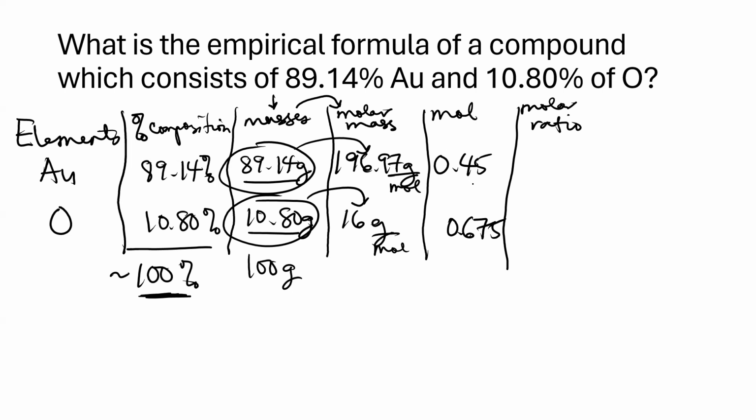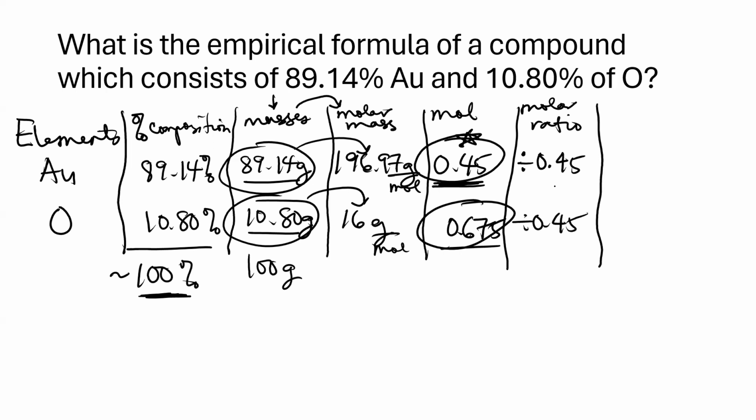The process again here is to choose which of these two mole values is the smaller value. In this particular problem, that would be gold because it's 0.45. Therefore, to get the molar ratio, we divide both mole values by 0.45.